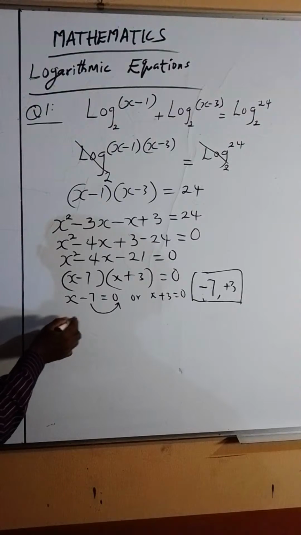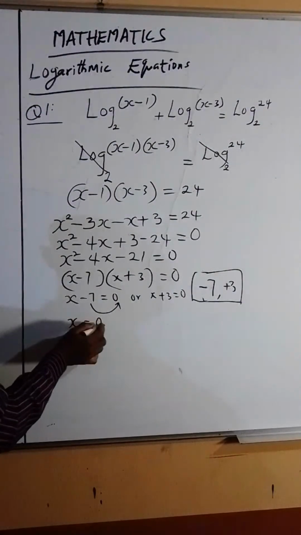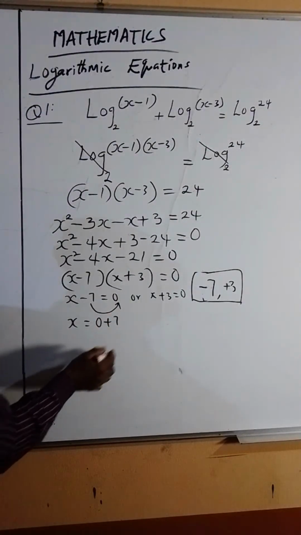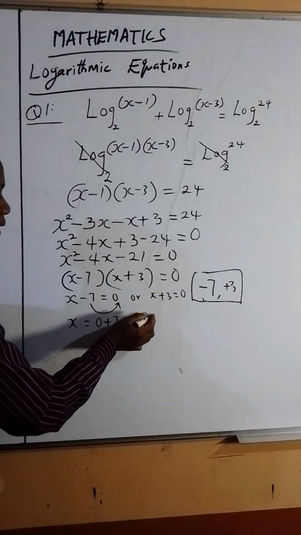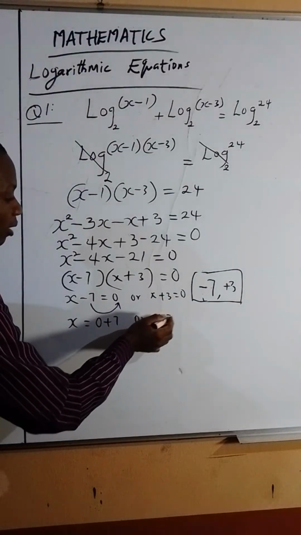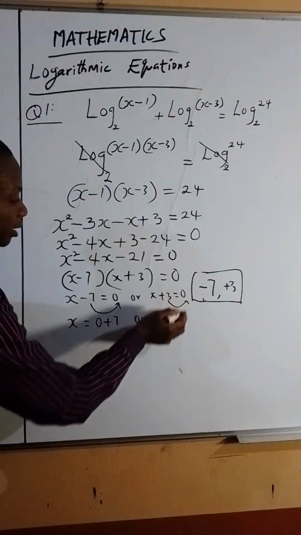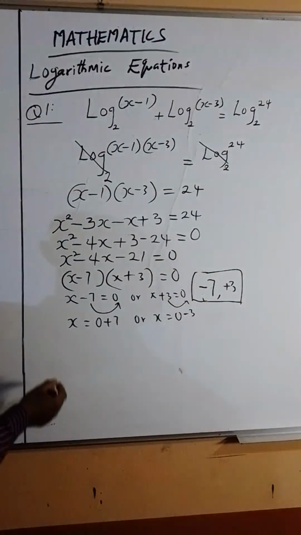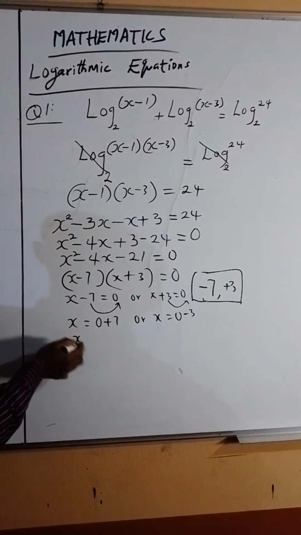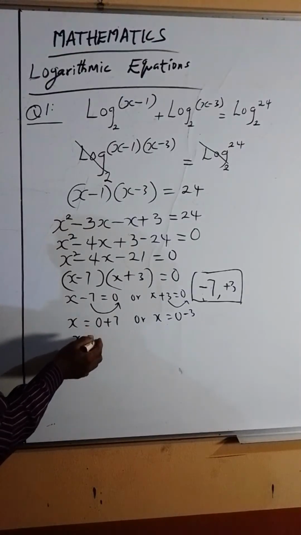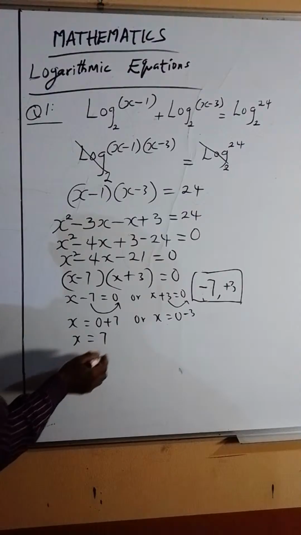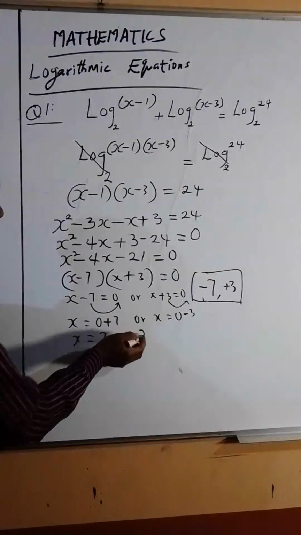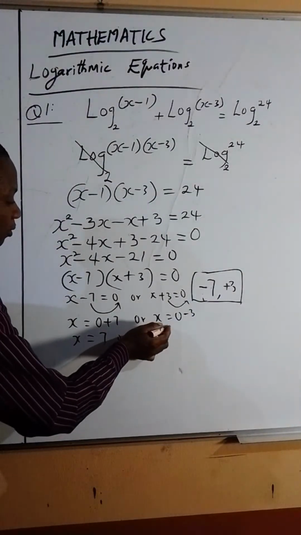This gives us x equals 0 plus 7, or x equals 0 minus 3. What it means is that x is equal to 7, or x is equal to minus 3.